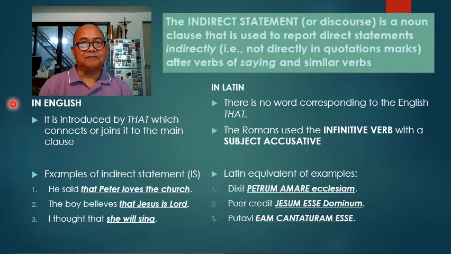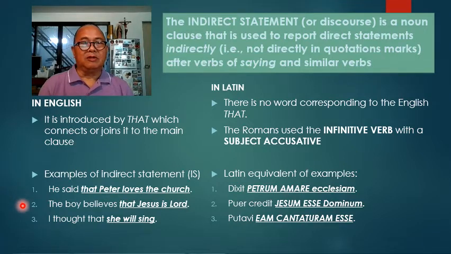In English, the indirect statement is generally introduced by that, which connects the indirect statement to the main clause. For example, you have here, he said that Peter loves the church. So that Peter loves the church is an indirect statement.